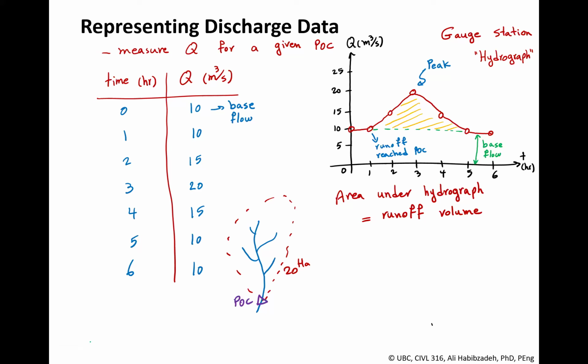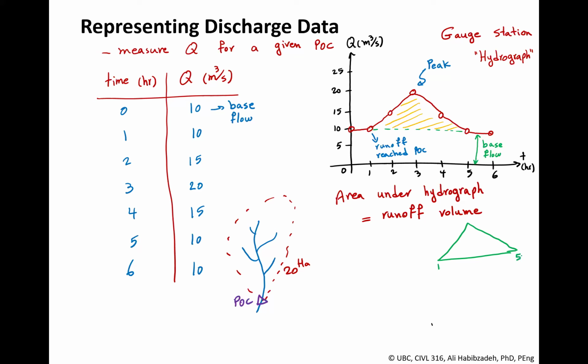Now, there are different ways to estimate the shape of a hydrograph, but for many practical purposes, a simplified triangular shape is good enough. So I'm going to do that. I'm going to assume that my rainfall goes up linearly and comes back down linearly. So it looks like this. Started at hour 1 and continued to hour 5.